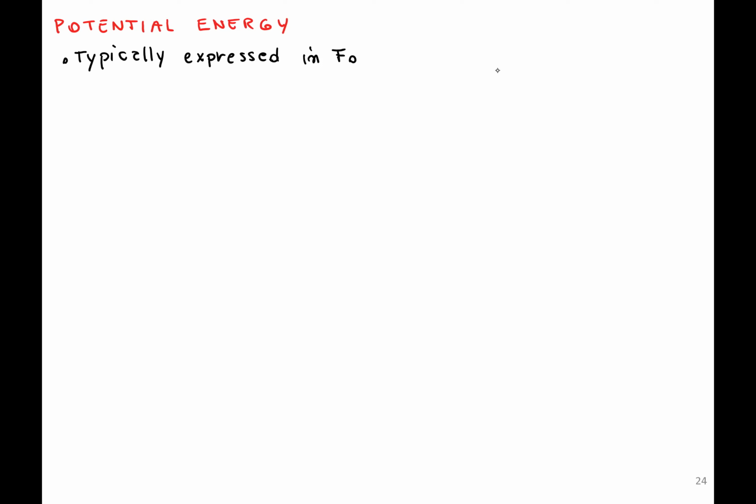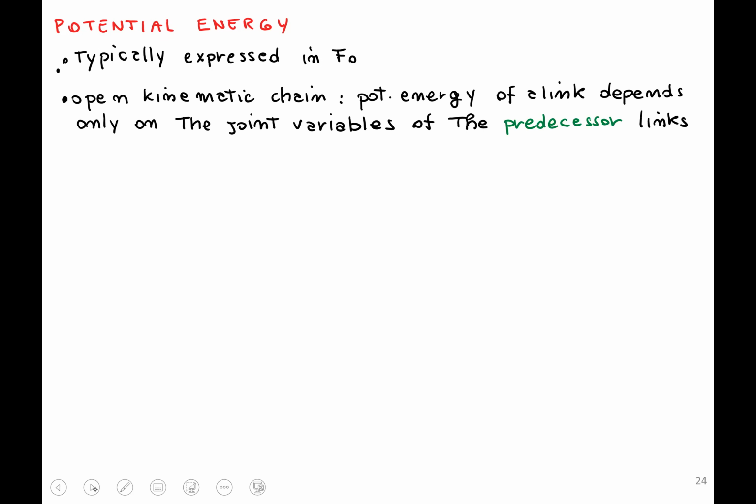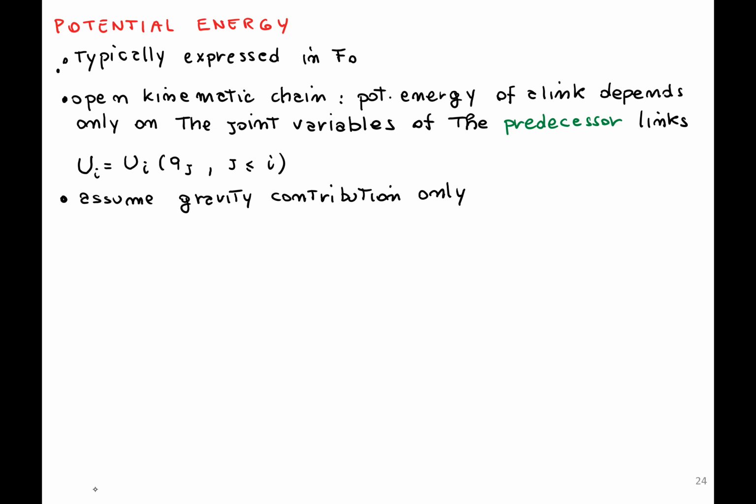So what is missing is the potential energy for the whole robot. We usually define the potential energy in an inertial frame or in the base frame. We have an open kinematic chain, so we sum up all the potential energies, and the potential energy of a link depends only on the joint variables of the links that are predecessors of that link. We assume that we have only a contribution due to gravity. We don't have any flexibility, so we don't have springs.